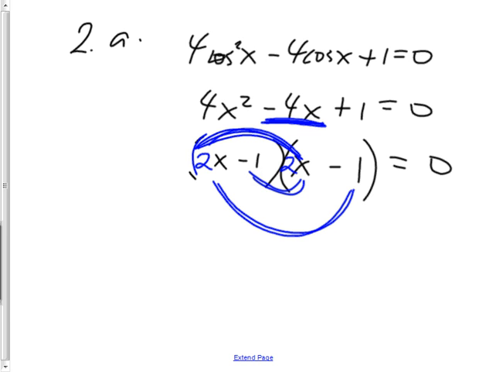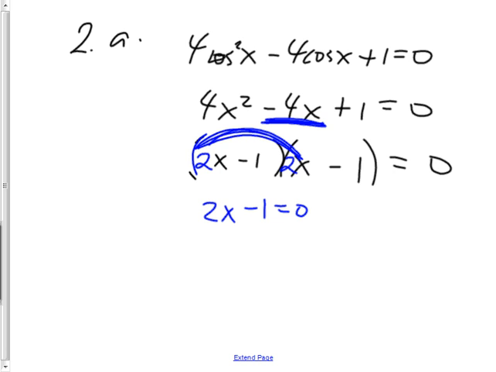Yay, I can factor. Now, since they are identical, you really don't have to do it twice. So we just say 2x minus 1 equals 0, and then 2x equals 1, x equals 1/2. Since we substituted a cosine out, now we have to put a cosine back in. Cosine of x is 1/2, and let's see if you can finish it from there. It shouldn't be too bad.